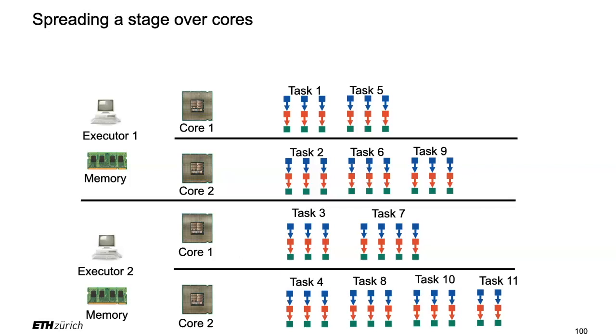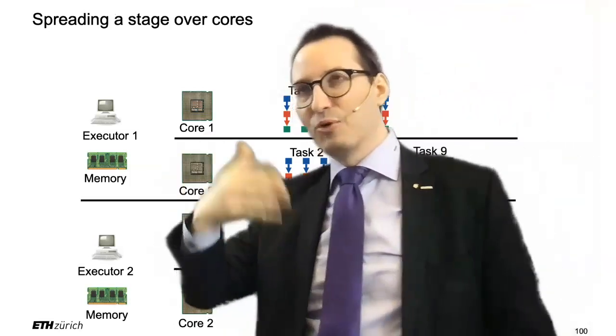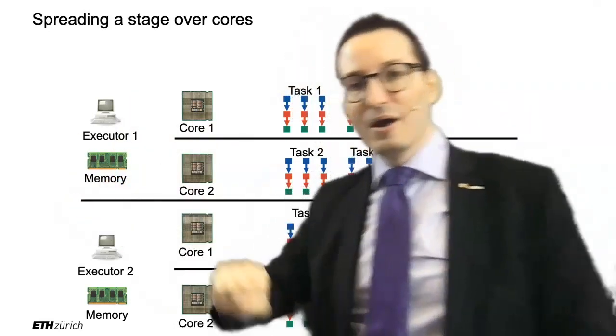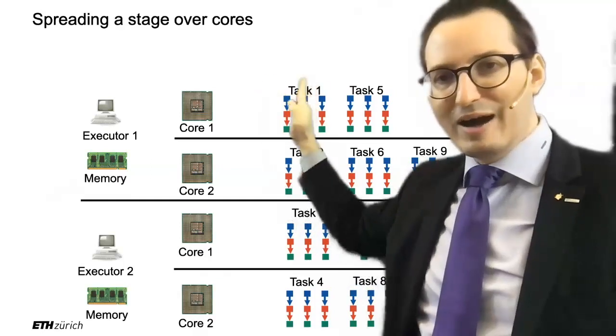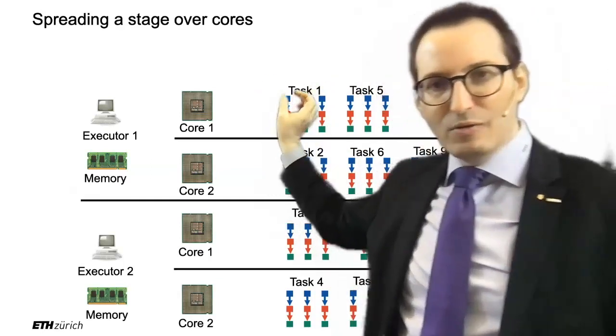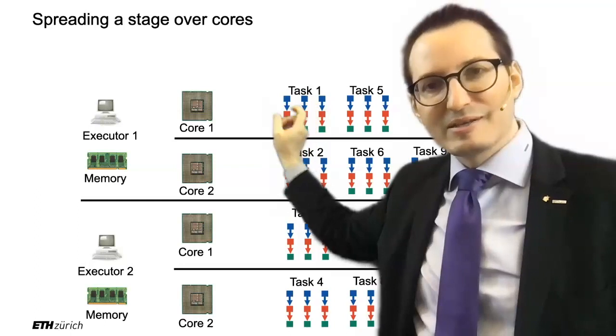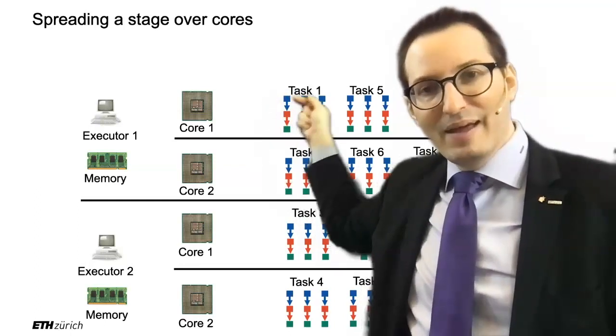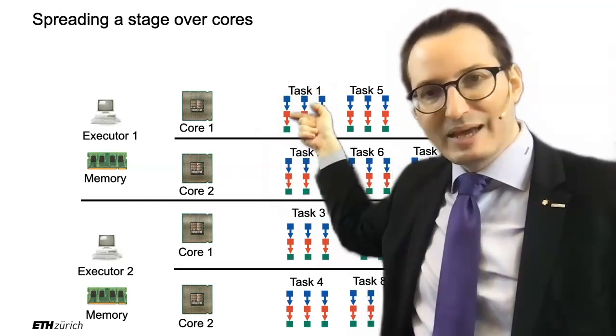Okay. So what happens is that on the logical level, I have a map followed by a filter. On the physical level, I have my HDFS blocks, and within one slot, within one task, I take the first item and I call map and I call filter.